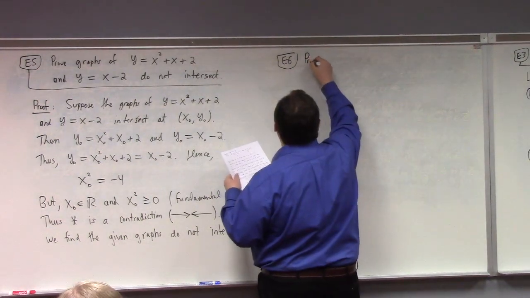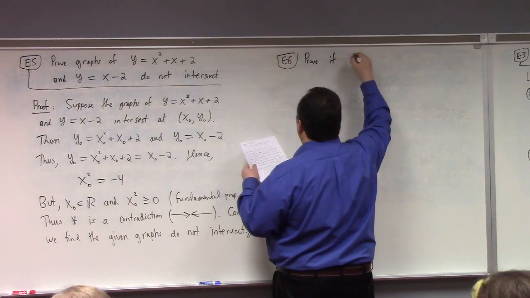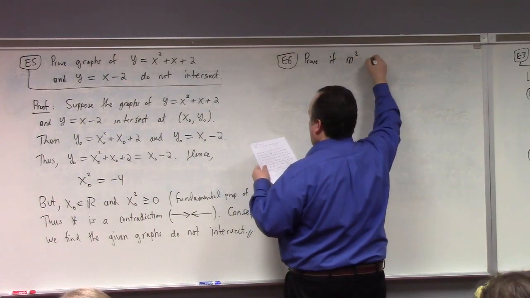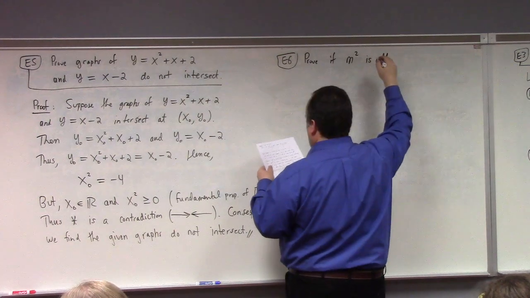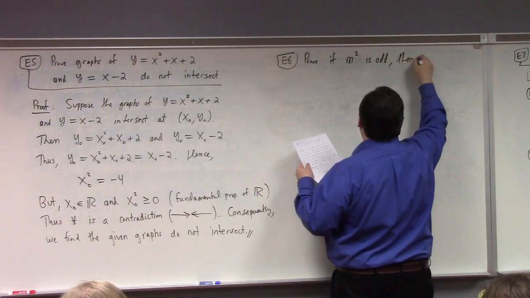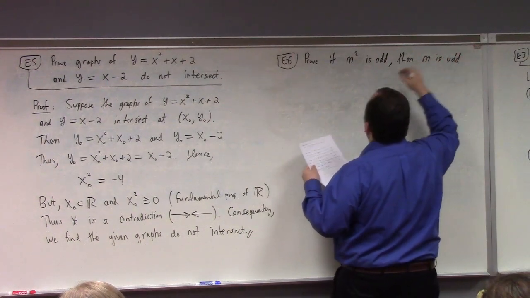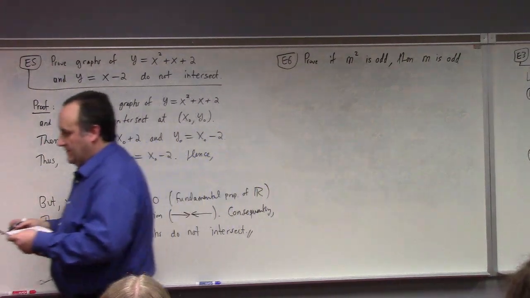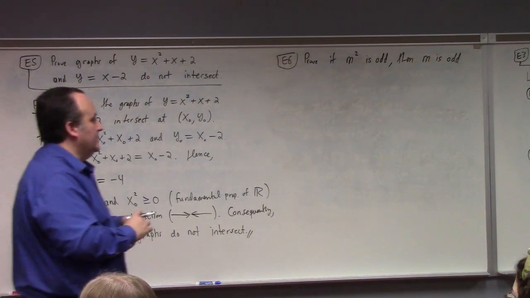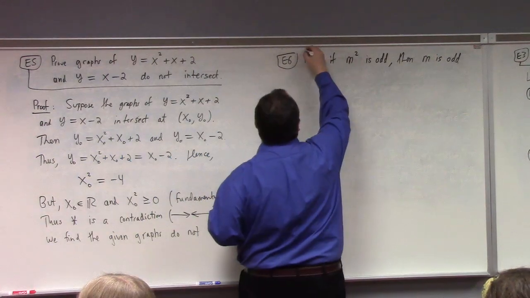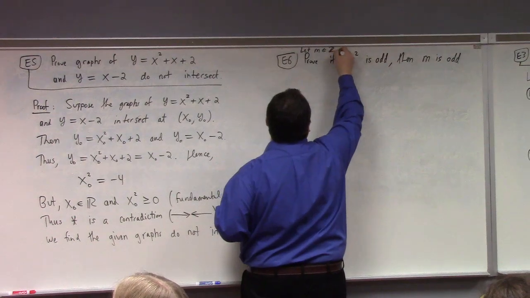Prove: if m squared is odd, then m is odd. All right, and I forgot to tell you what m is. So preamble here, let m be an integer, okay?